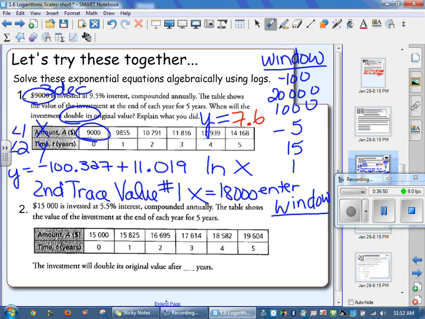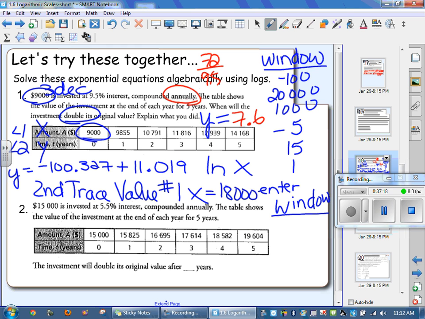Imagine that. So the rule of 72 works, but only if it's compounded annually. So this is compounded annually, so the rule of 72 works. So 72 divided by 9.5 gives 7.57, which rounds to 7.6. Okay? All right. Let's take a look at number 2.